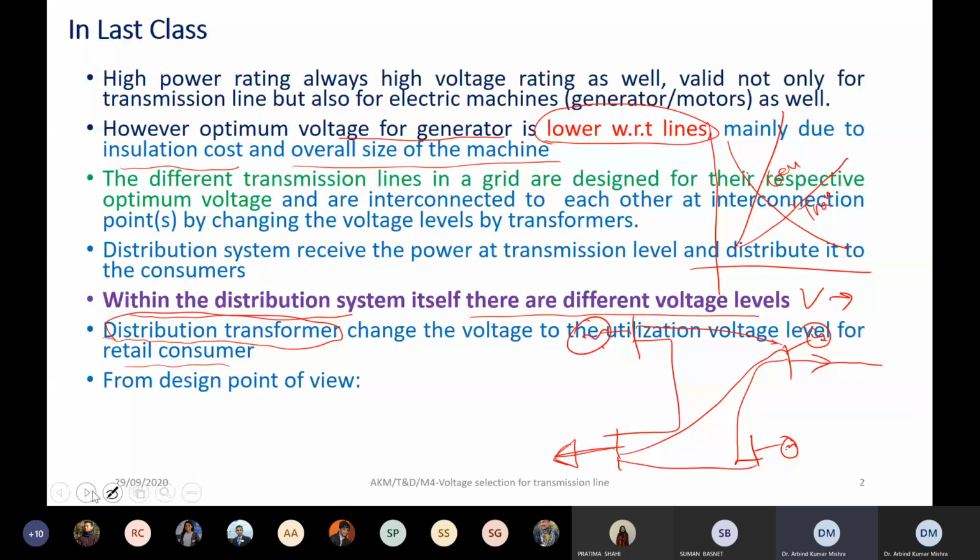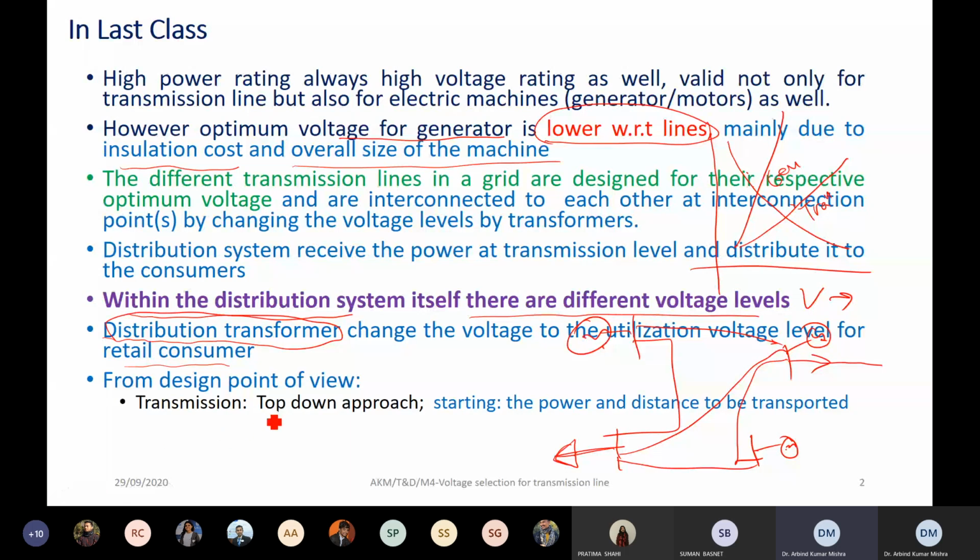We discussed many things, but more importantly, from the design point of view, we discussed how we can distinguish transmission line design from distribution system design. Transmission line design is a top-down approach. What does it mean? We start from this point and ask how much power we need to feed or evacuate from this generator to this grid.